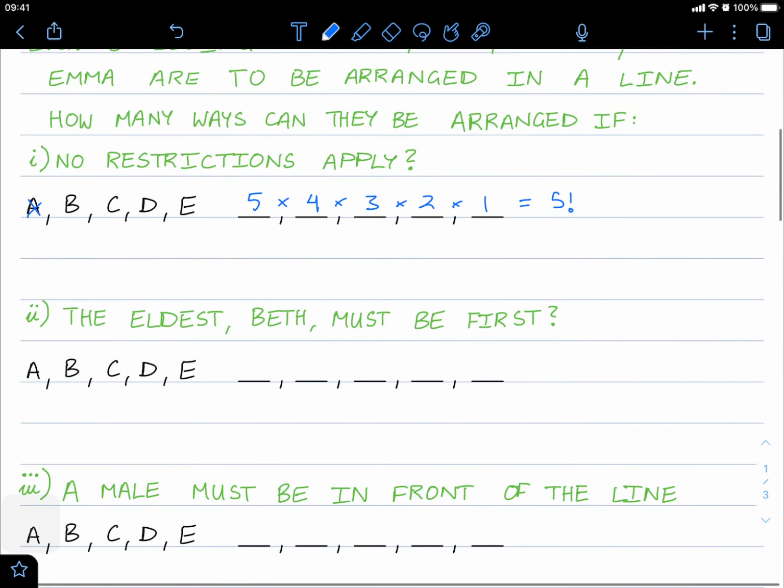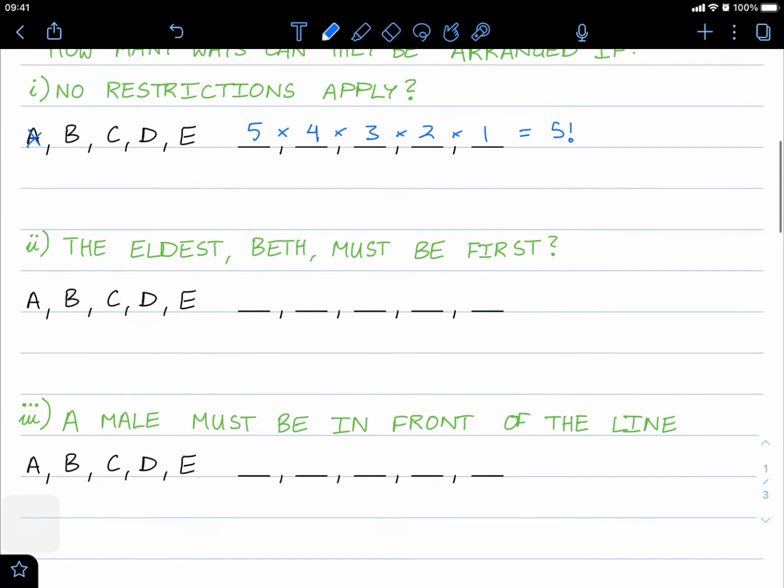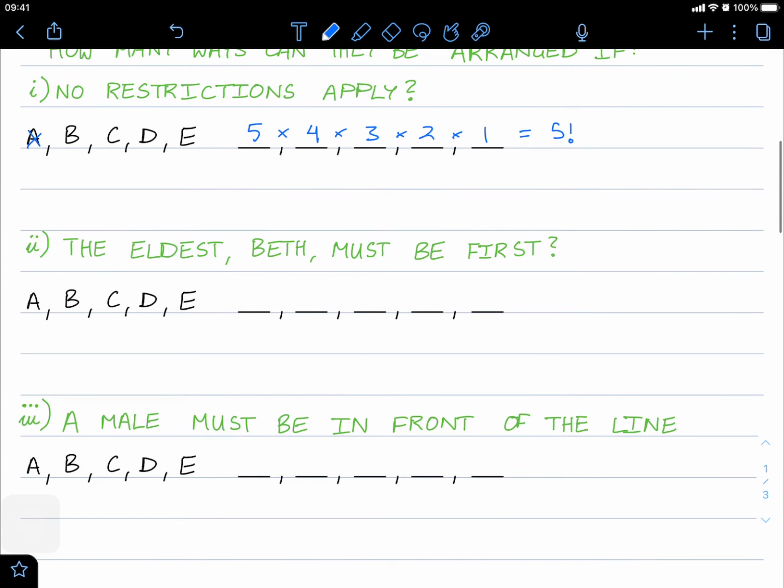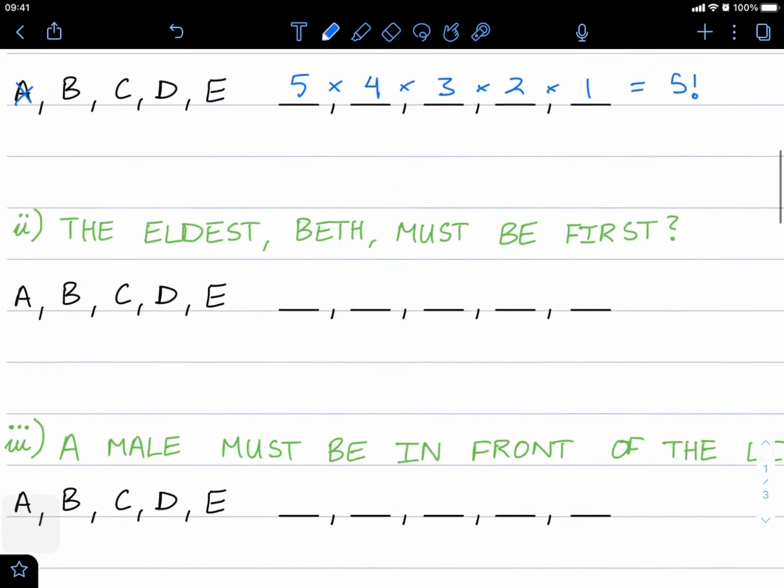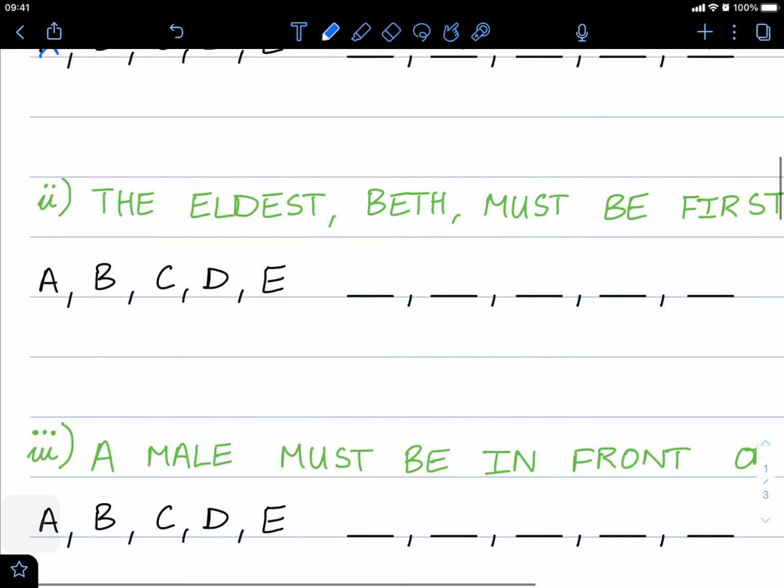Now here's the first real unique restriction or selective criteria that we're going to face here. The eldest, Beth, must be first in line. Well, if we were to simulate this, let's pretend Beth is standing in the front of the line. How many different ways can Beth stand in the line? Well, there's only one way, because Beth has to be in front.